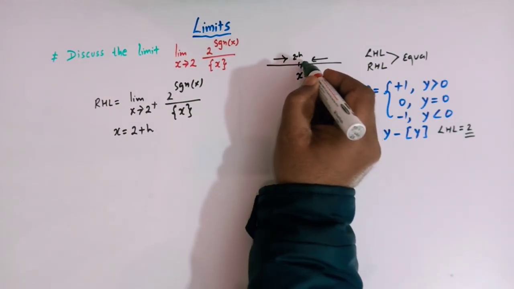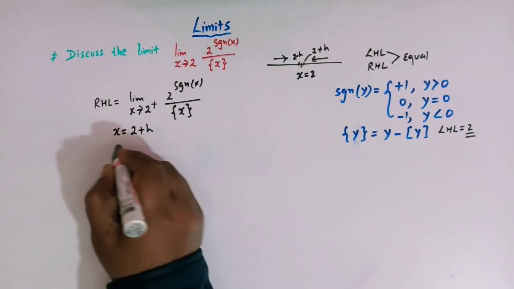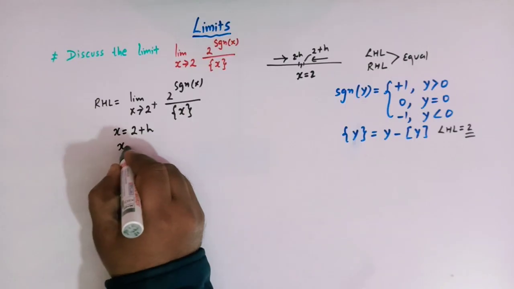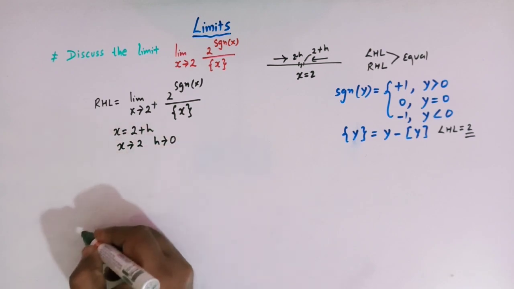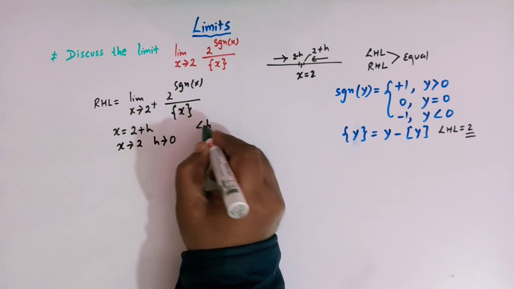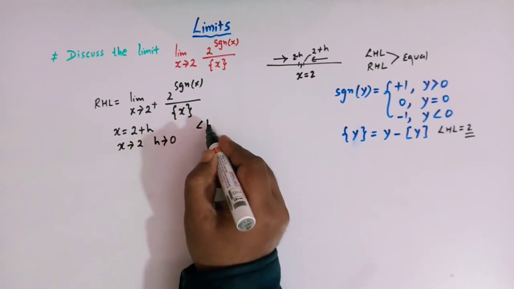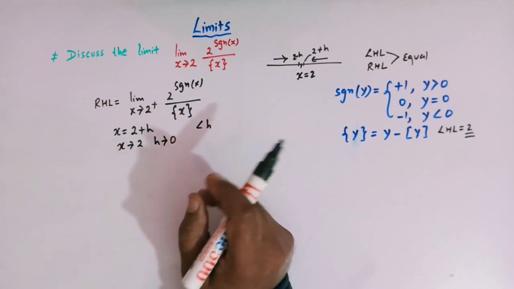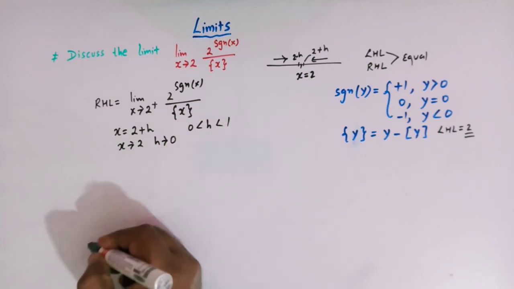So this point is 2 plus h, right? As x tends to 2, obviously h tends to 0, right? And as we have said earlier, h is a very small quantity, that is, h is infinitesimally small, and it lies between 0 and 1.